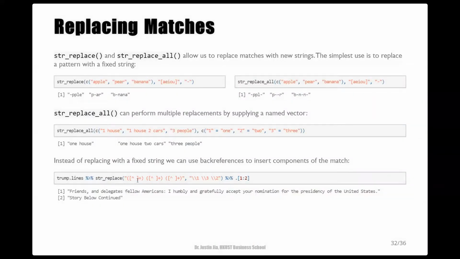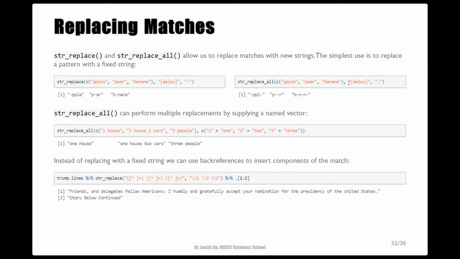There are also functions that allow us to modify the text of a match directly. str_replace and str_replace_all allow us to replace matches with new strings. The simplest use is to replace a match with a fixed string.